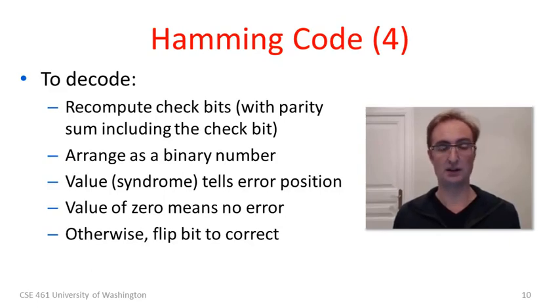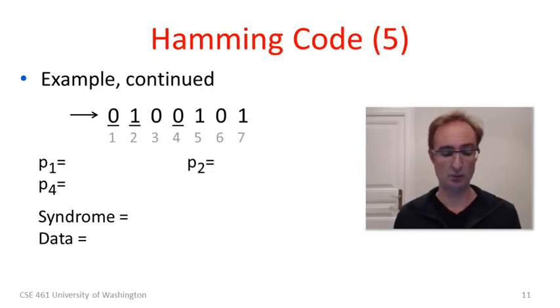This value will tell us the position of an error. If it's 0, there's no error. If it's another number like 3, for instance, then the bit in position 3 is wrong and we should flip it to correct the value. Wow, it's pretty cool that this works out. This was all worked out by Richard Hamming, and you can read about it in his paper that I mentioned in a previous segment. So we better try and work through an example.